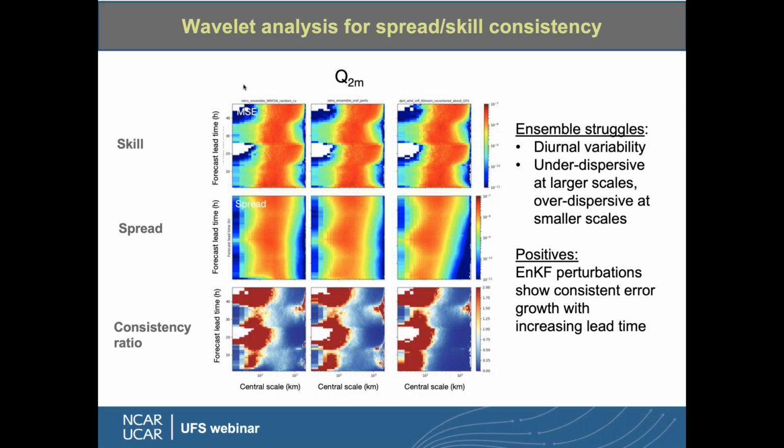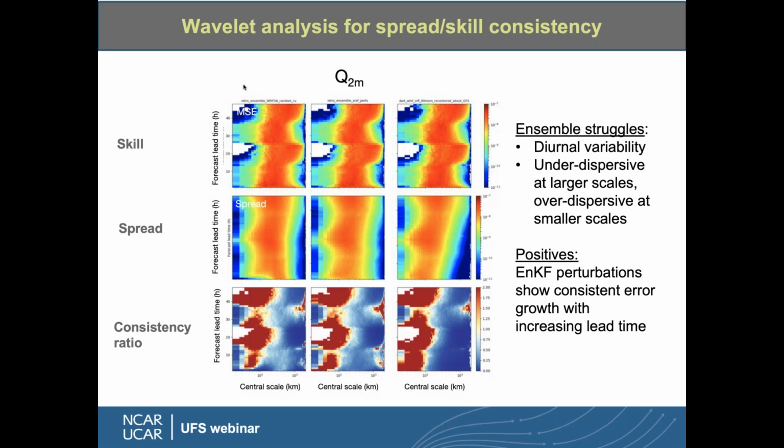If you go to the second row, that's the spread. And what you can immediately note is that that diurnal variability is not being well represented within the ensemble system. All of the ensembles are basically showing very consistent diurnal variability that doesn't match the errors that are showing up in the forecasts. That's definitely one thing worth noting.